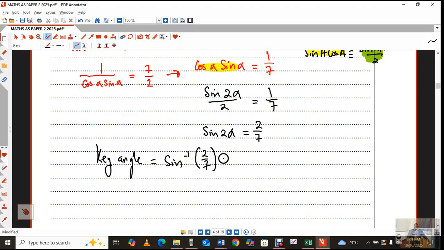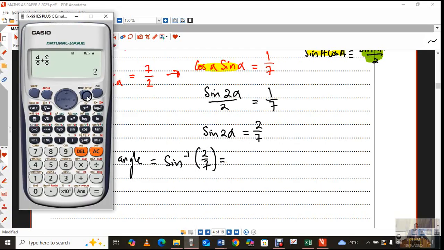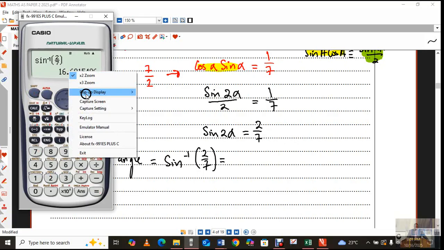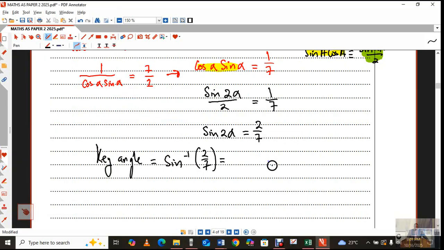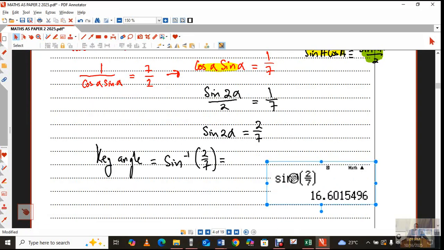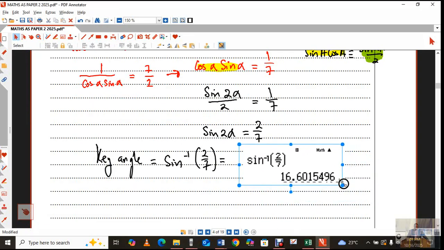And if you were to calculate this, my calculator is in radian mode, so let's just make sure we get it in degrees mode, and that is the inverse sine of 2 upon 7. Right, if you hit equals, you get 16 point something, so capture that with a screenshot. All right, so that is what this is.